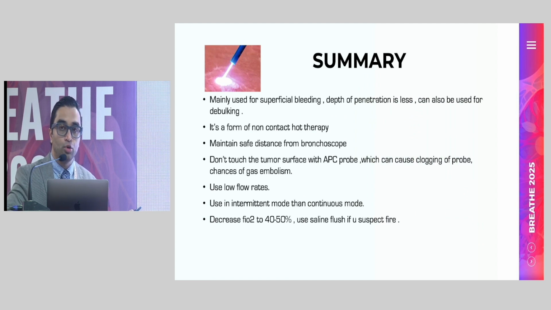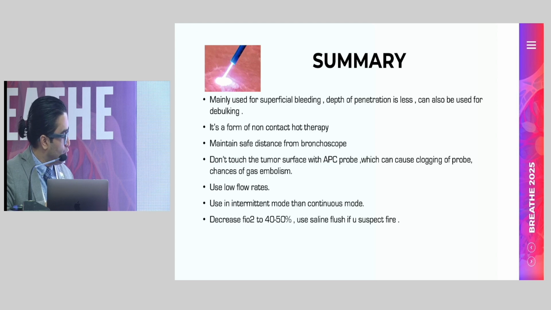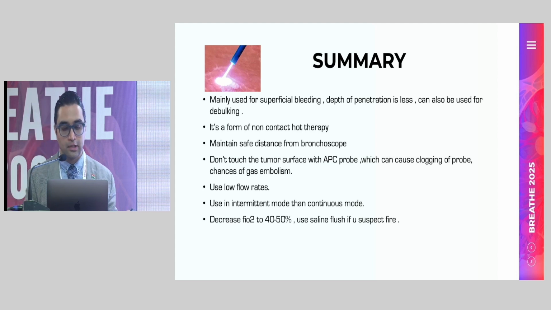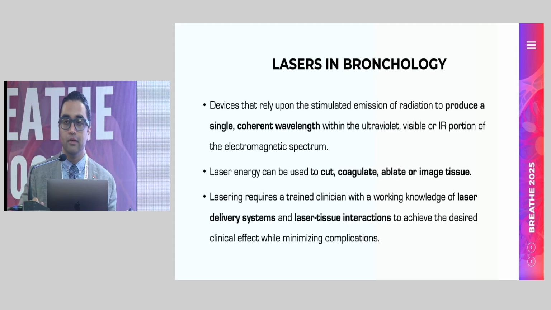You are advised not to touch the surface of the tumor, and always prefer low flow rates so that you don't damage the scope. What is important with electrocautery, APC and laser is that your FiO2 has to be less than 40% if the patient is on ventilatory setting. What would happen if you don't reduce the FiO2 below 40? You will have an endobronchial fire.